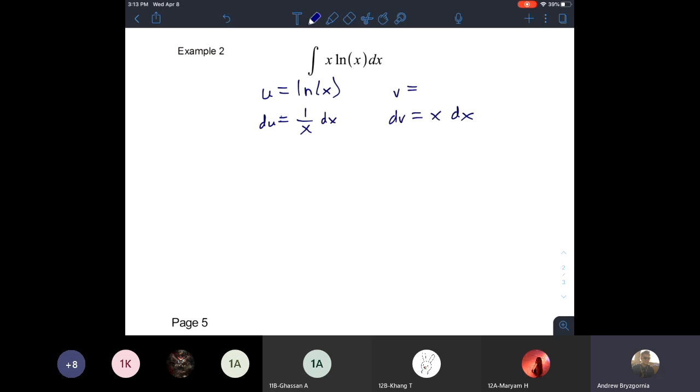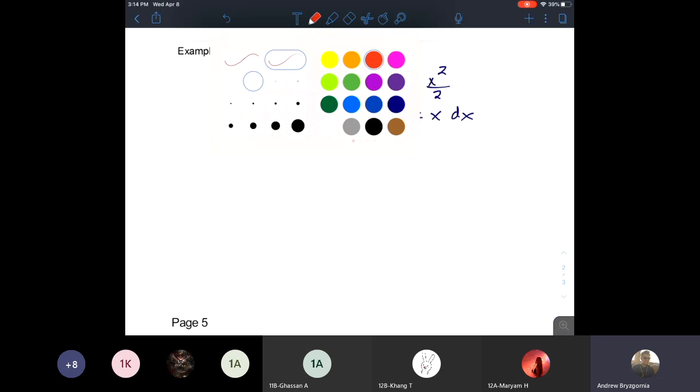But the issue now is that it would go on infinitely if we kept doing more and more derivatives. That's never going to stop. But I noticed that when I do the antiderivative for the dv, and we get x squared over 2, I realize something's going to cancel. And that is going to help us out when we set this up.